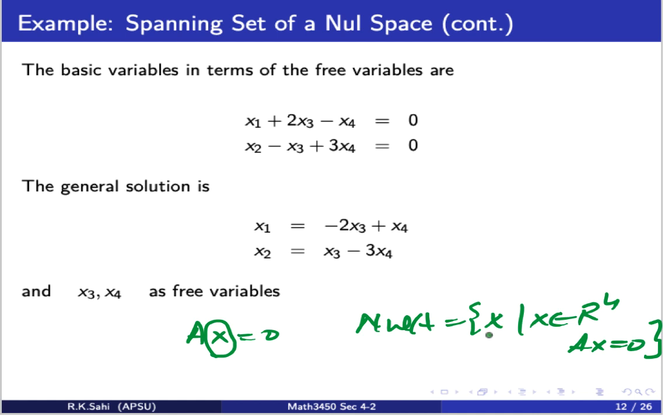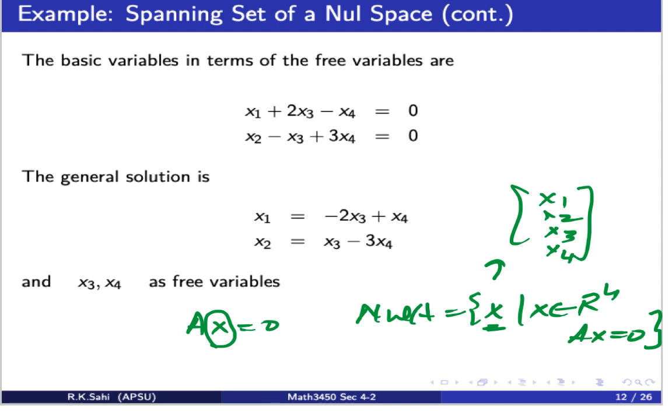So I am basically looking at this x. In other words, what is this x? This x is x1, x2, x3, x4. So what are we going to do? We have the parametric description of the solution set, and we already know x1 and x2 are the basic variables, and x3 and x4 are the free variables.